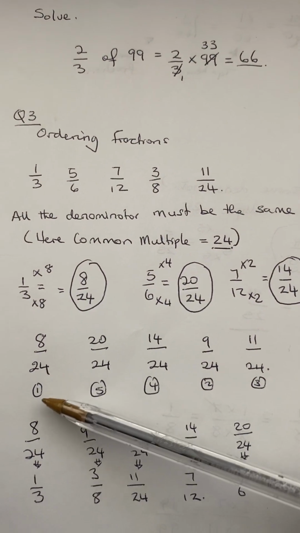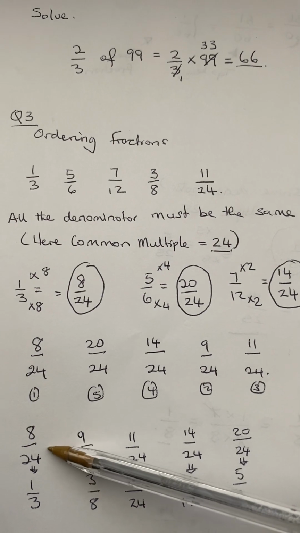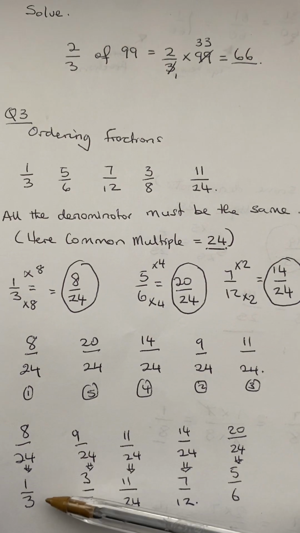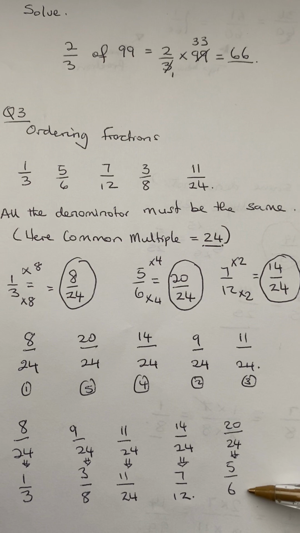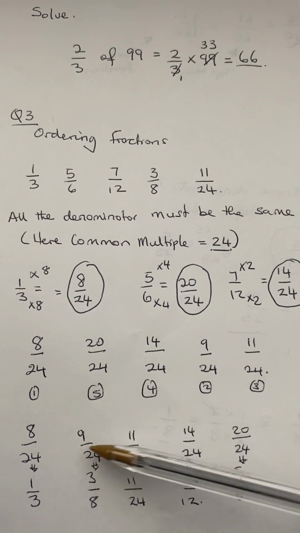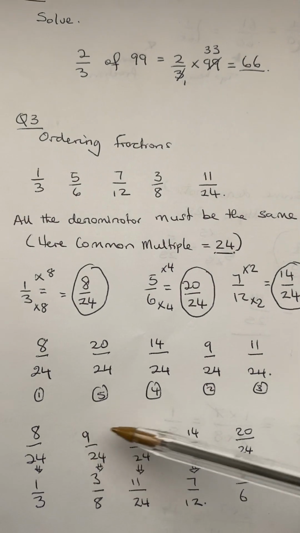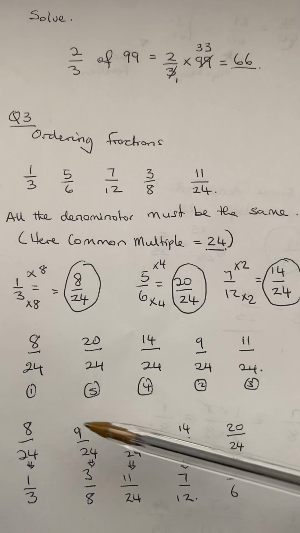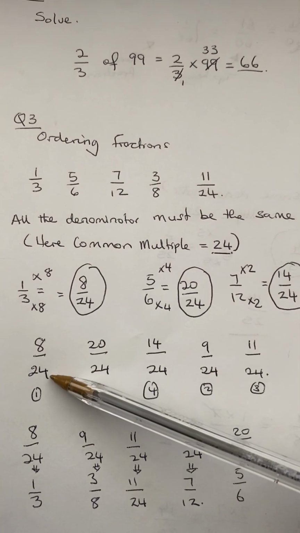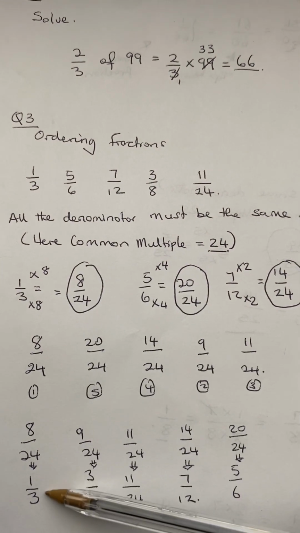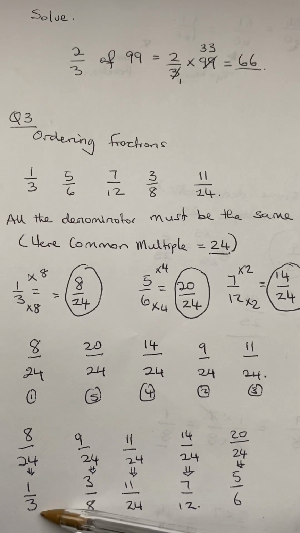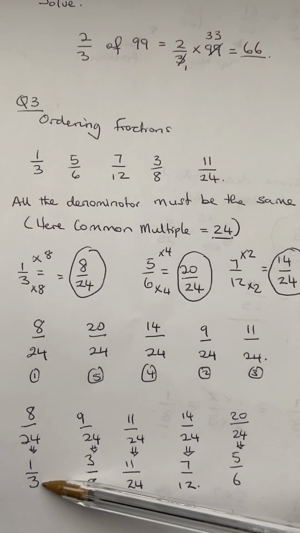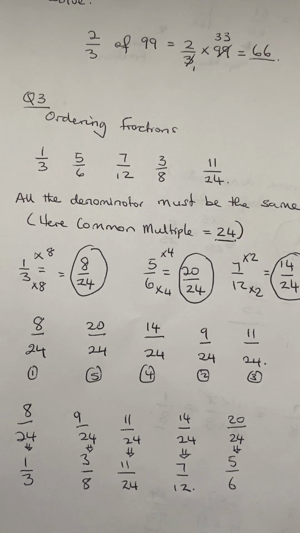Okay, after you've put them in order, try and write the original fractions. Don't just leave them that way, because this is not the fraction they gave you. Okay, so 8 over 24, we know that the equivalent fraction is 1 over 3.